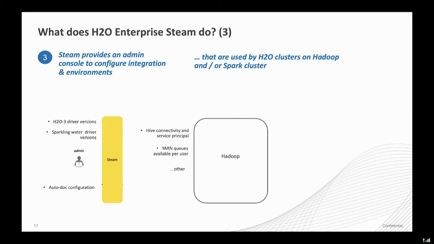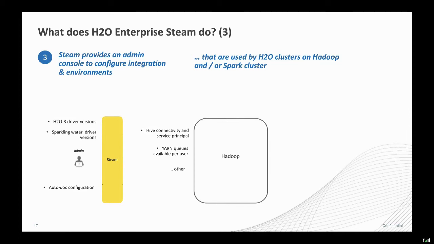So the third thing about Steam is similar to the other one. It's again the ability to configure not necessarily security, but integration and environments. So if I want to use a new version of H2O-3 or Sparkling Water, I just upload it to Steam, and it's available to all users I give permission to.